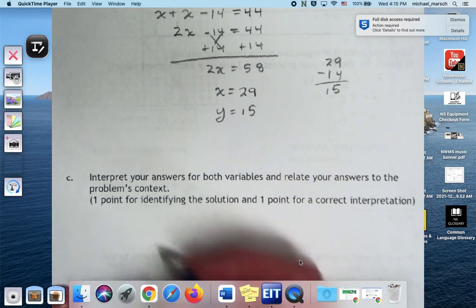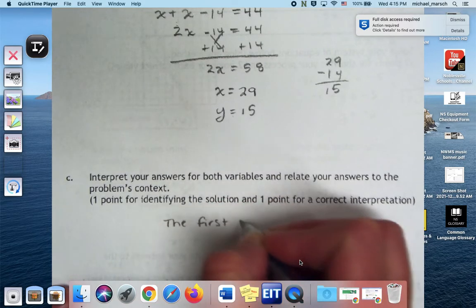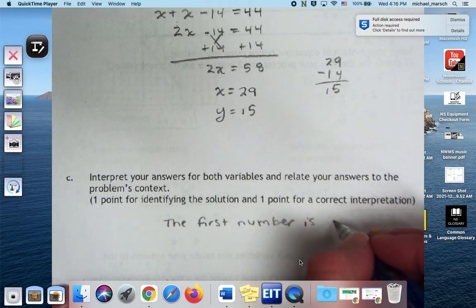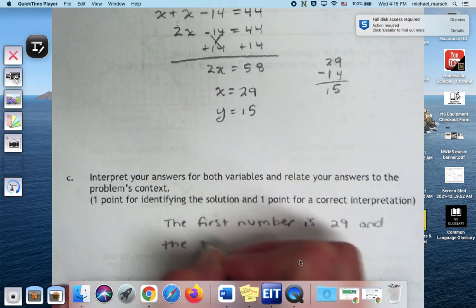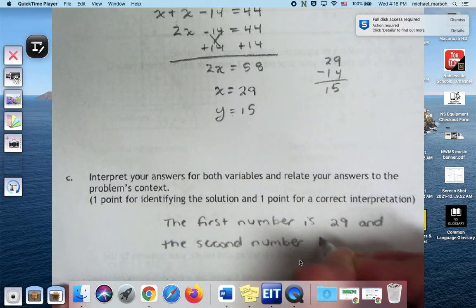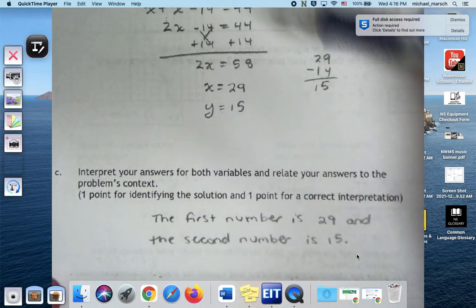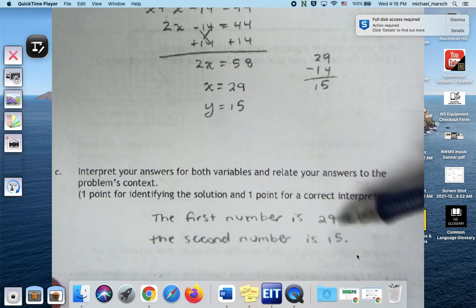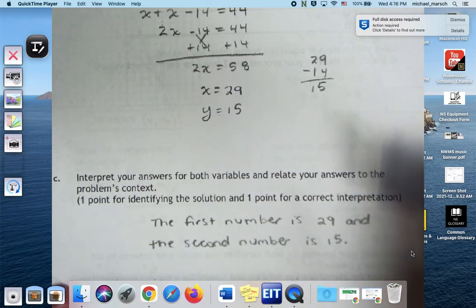All right, so the first number is 29, and the second number is 15. And it is important that you have it in that order because it has to be 29 minus the 14 gives you the 15. You cannot have these flip-flopped. I mean, if you do, you're going to lose like partial points, not all of them, but you definitely need to make sure that they fit the actual scenario.